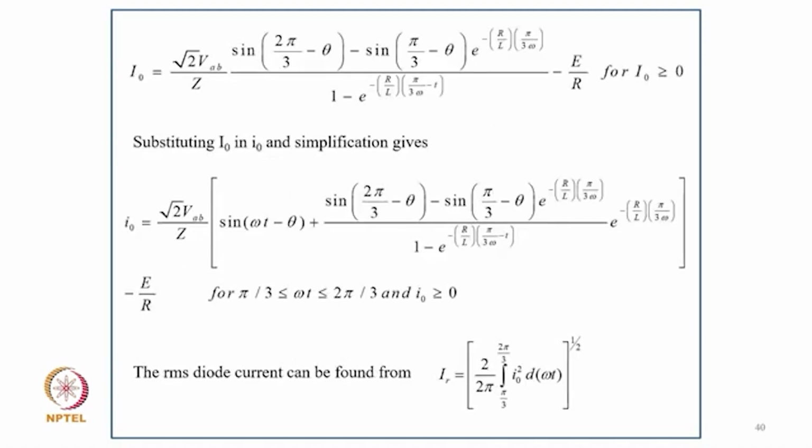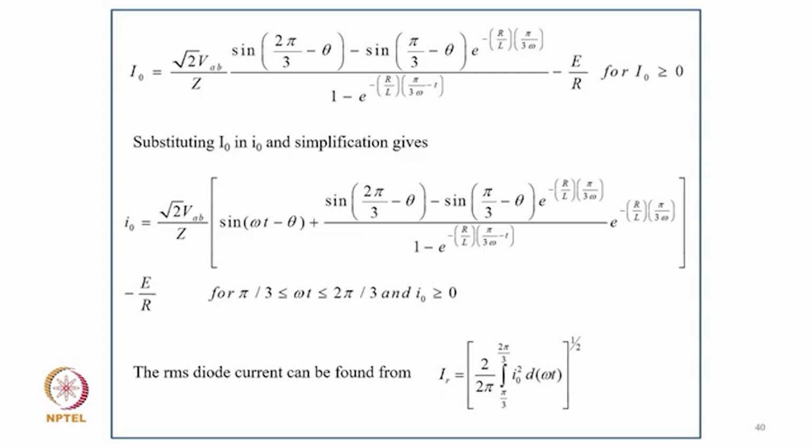Applying this condition, I0 becomes √2 VAB/Z times (sin(2π/3 − θ) − sin(π/3 − θ) e^(−R/L · π/(3ω))) divided by (1 − e^(−R/L · π/(3ω))) − E/R, for I0 greater than 0.